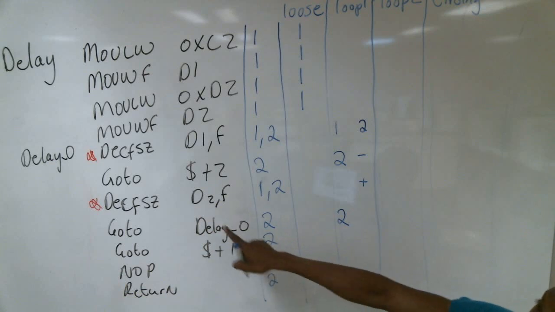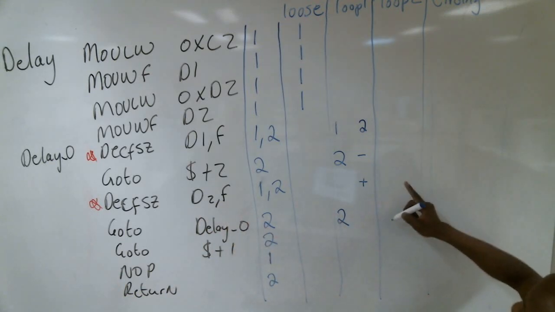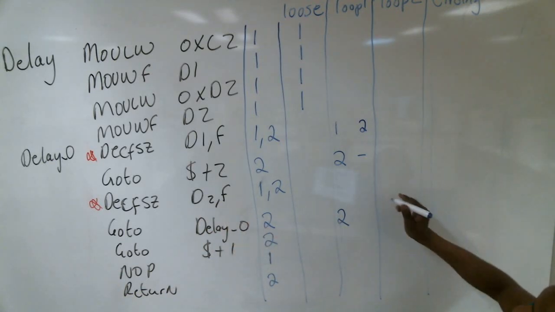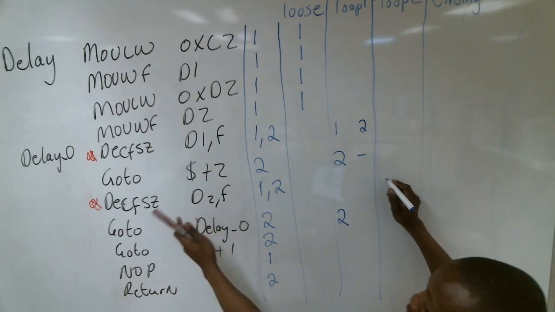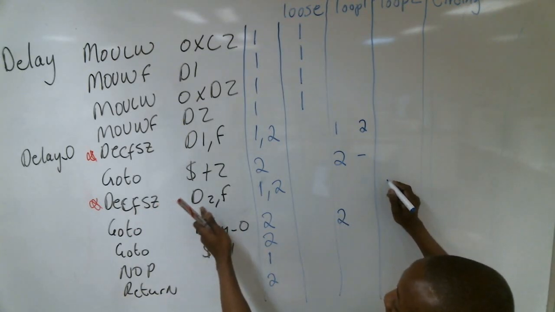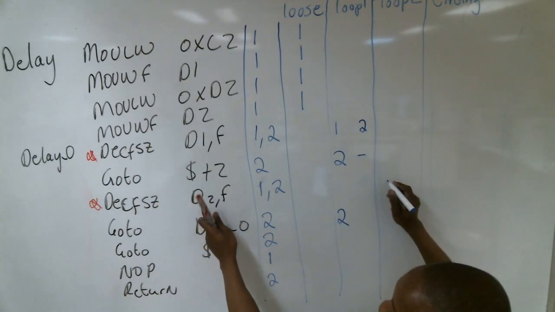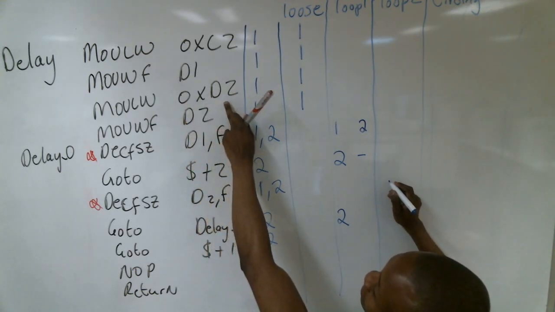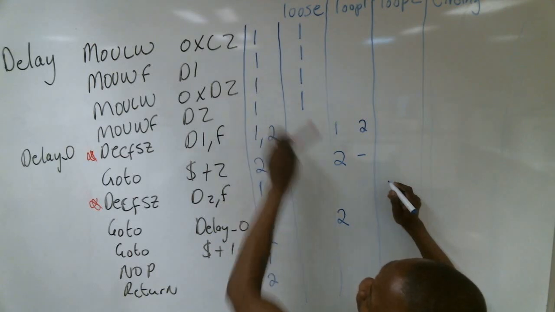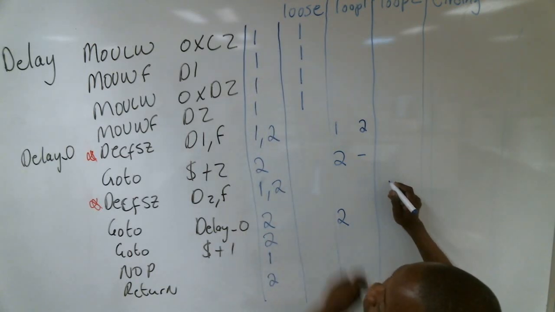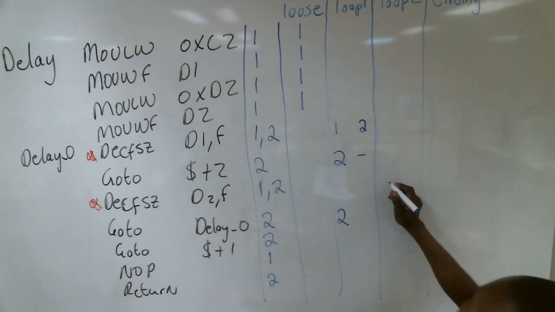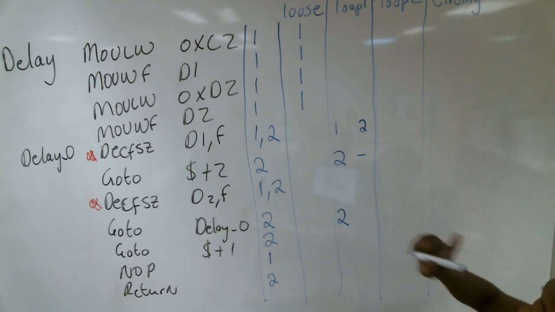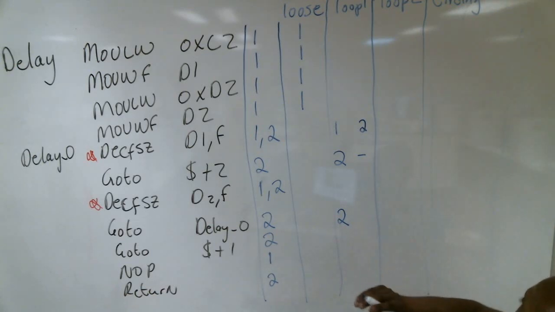So this is where loop number 2 starts. Loop number 2 is going to be executed here as decrement file, skip if 0, D2. The value in D2 is not a 0, so I'm going to decrement it.